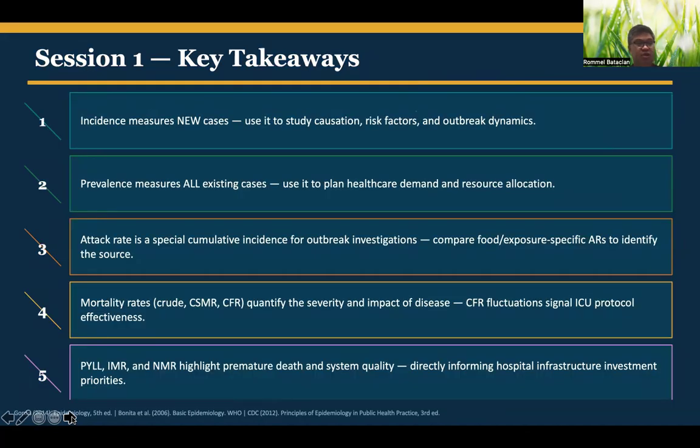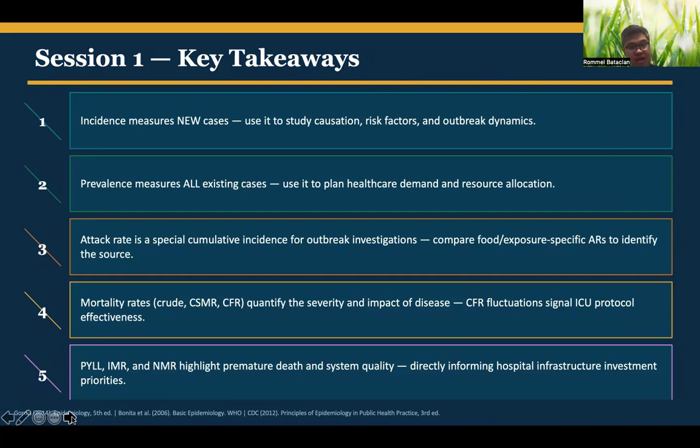So finally, let's go to the summary of our sessions. One, incidence measures new cases, and it is used to study causation, risk factors, and outbreak dynamics. Prevalence, meanwhile, measures all existing cases, the old cases that still have the disease and the newly diagnosed individuals. So you use this to plan healthcare demand and resource allocation.